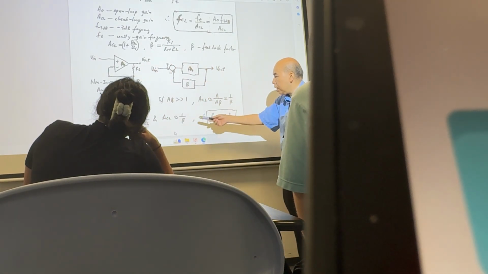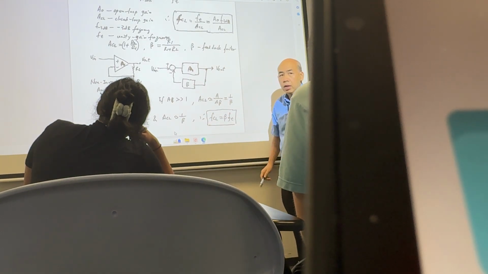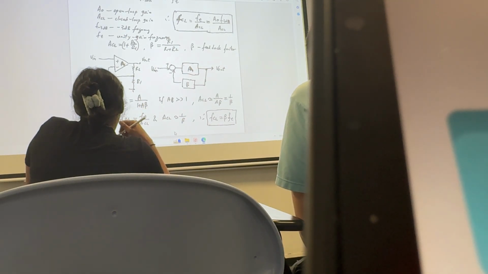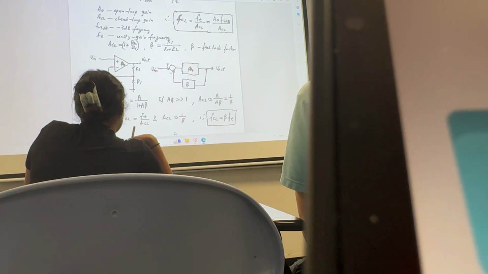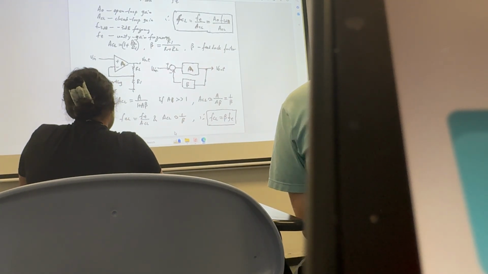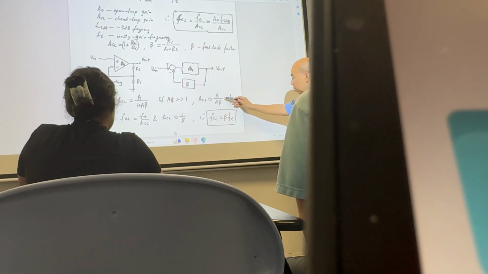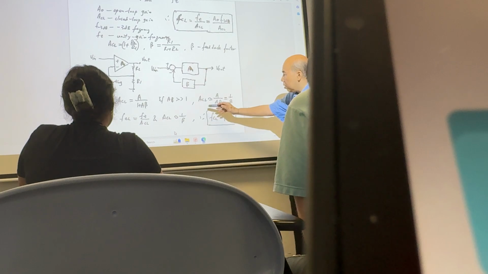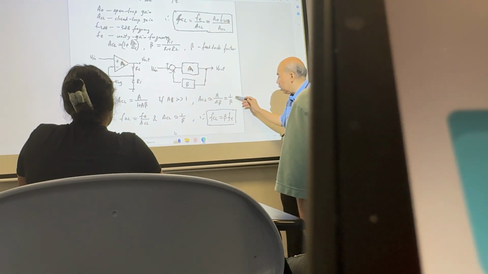Okay, so after doing that, you can easily have all the design formulas. This design formula is very important because in the design assignment, you need to find the closed loop bandwidth of the op-amp. You have to simulate, right? So you need to know what the unity gain frequency is, and beta. Because A beta is much bigger than 1, you can approximate by 1 over beta.